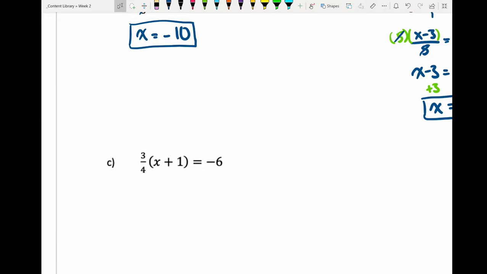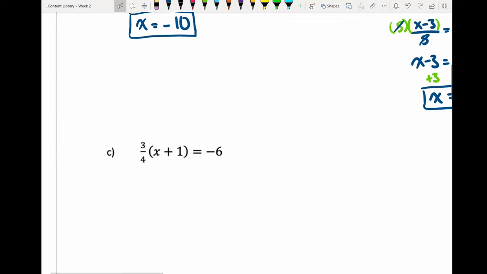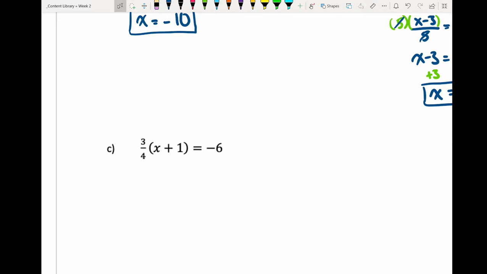Looking at example C, this is similar to what I've done, but now it's a little more complex because I don't have just a 1 on top of the fraction in front. However, I'm going to treat it the same way. I'm going to combine these two. If I multiply them together, I get 3 times x plus 1 over 4, equals negative 6.